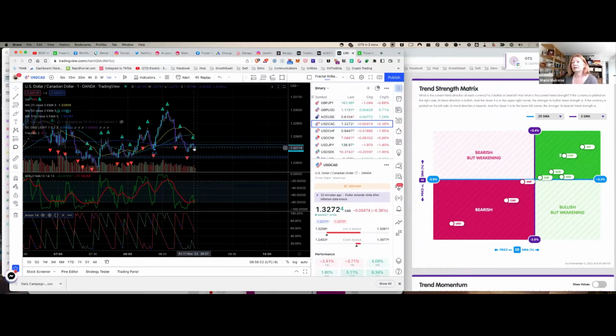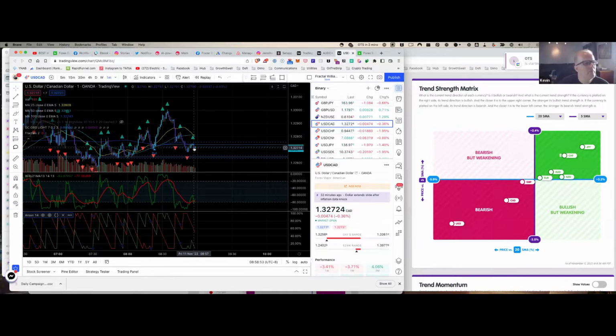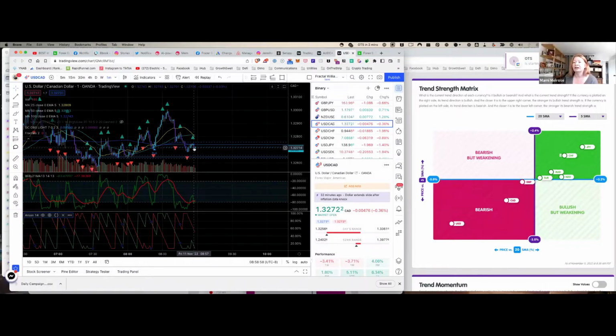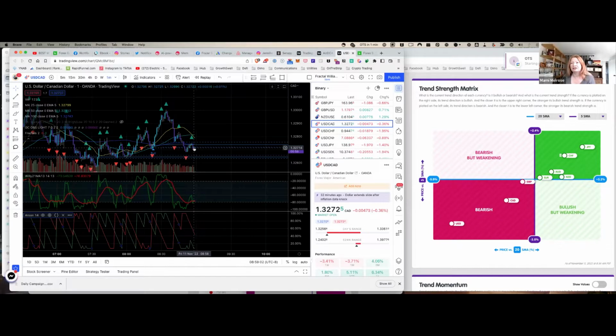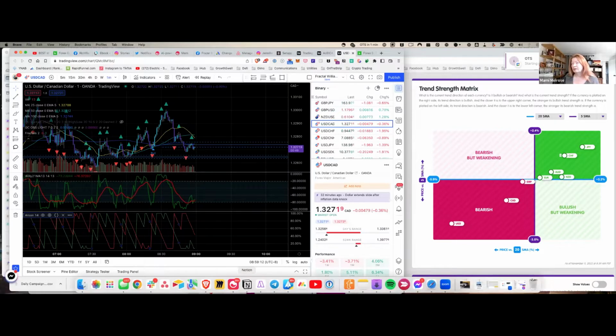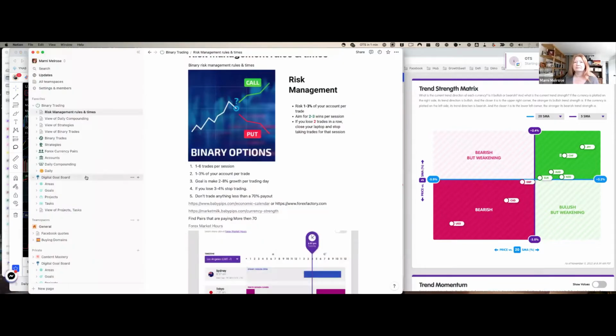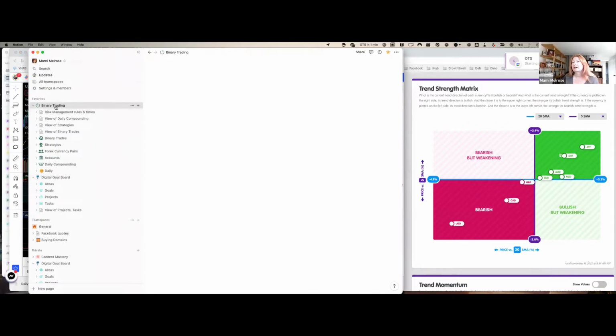So I'm going to go through and basically tell Kevin what is going on. We're not going to really take any trades right now. I'm just trying to help you guys understand these indicators and what they mean. And I've been using a version of this for my binary trading here, my template that I'm actually going to give you guys.